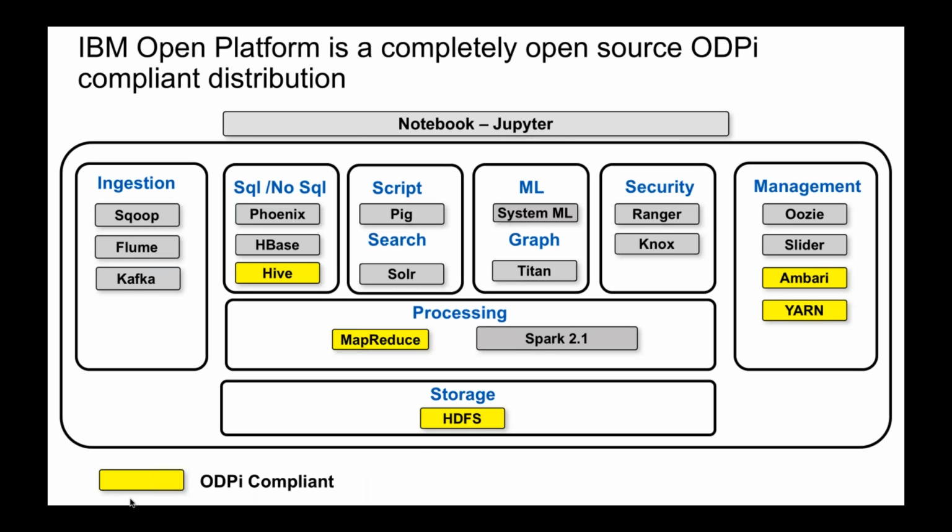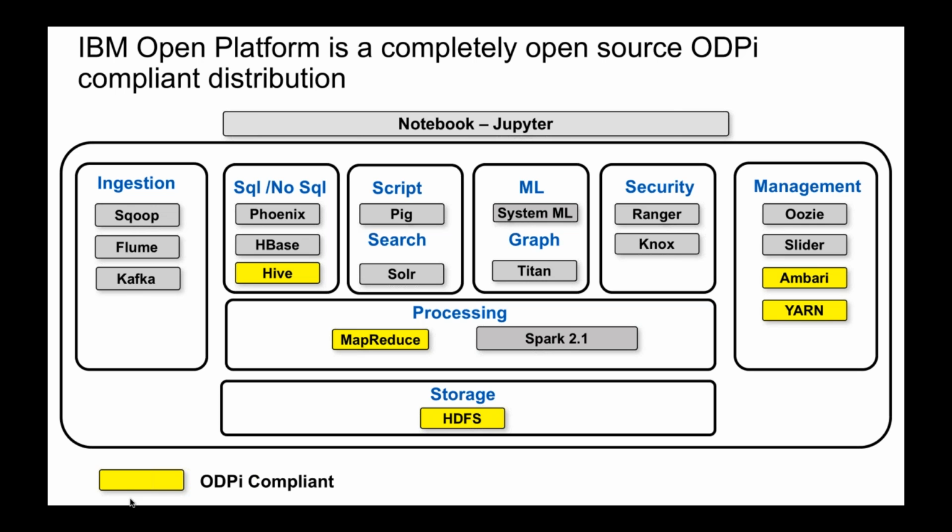Okay. So this slide shows our IBM Open Platform and the components that are part of it. As you can see, it is a fairly comprehensive distribution, and we cover most aspects of the analytics portfolio, starting from ingestion. We offer a number of choices across each area.